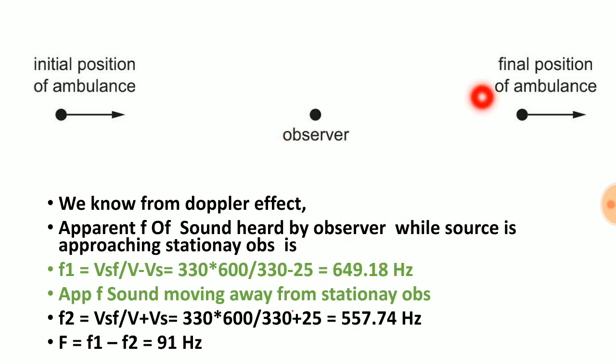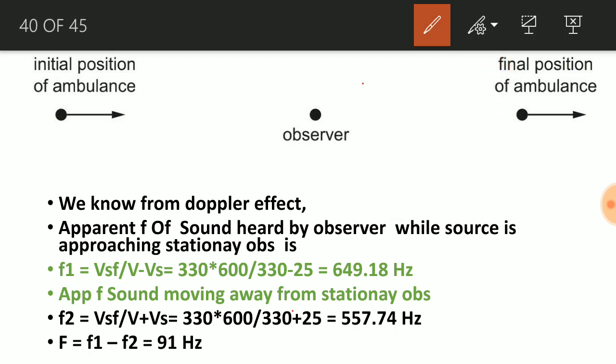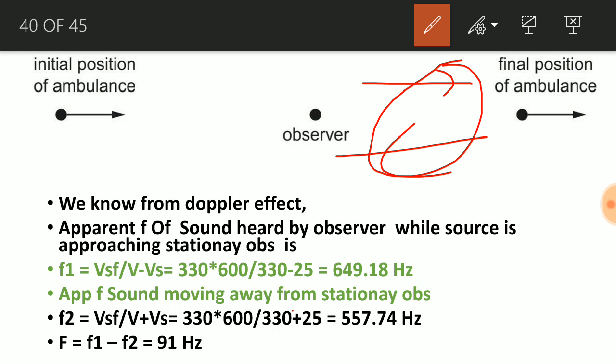When the source moves far from the observer, after it has already passed, in this case the denominator minus will be plus. According to the Doppler effect, the sound should always travel towards the observer.